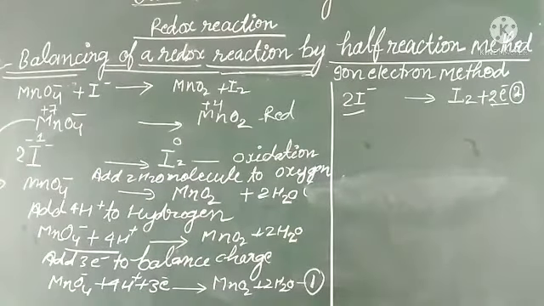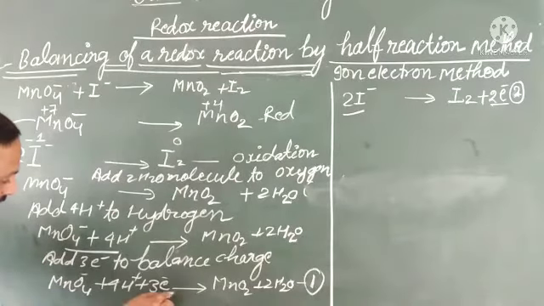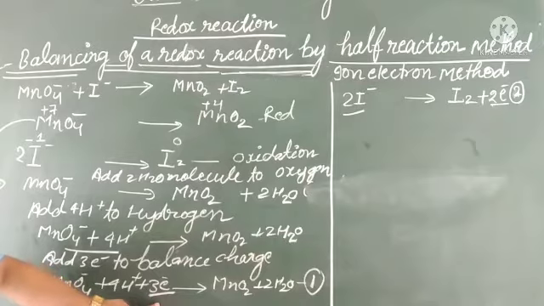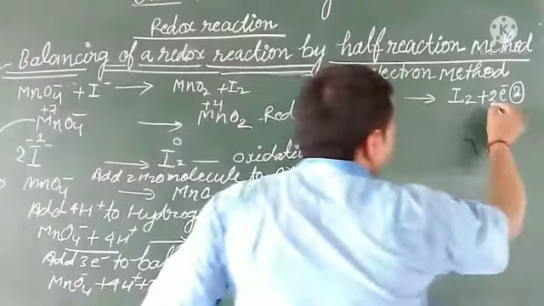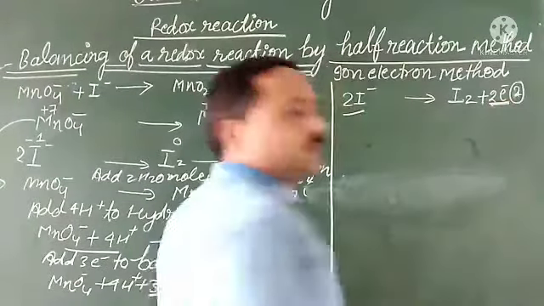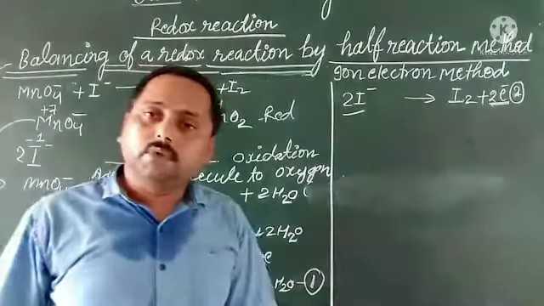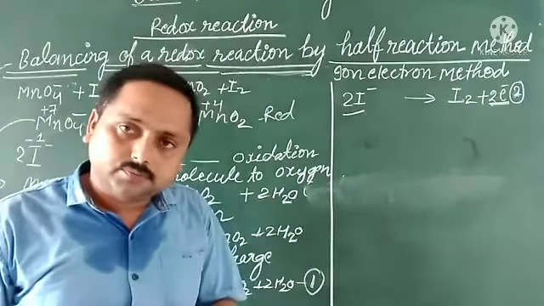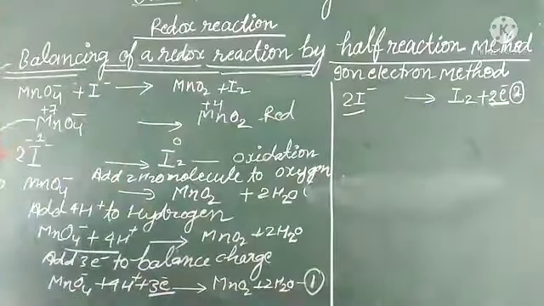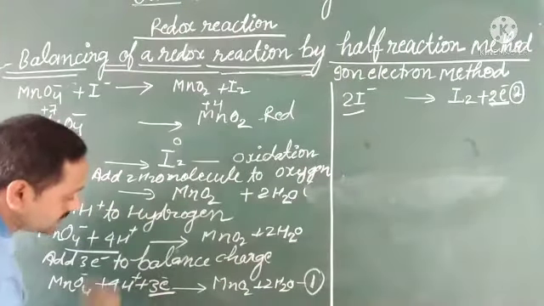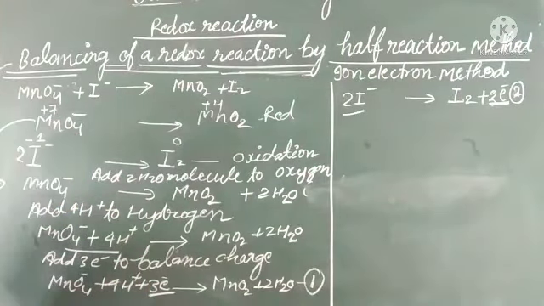Let us see both half equations. Please come to equation first. What I underlined here: electrons. After this, we have to make the number of electrons equal.